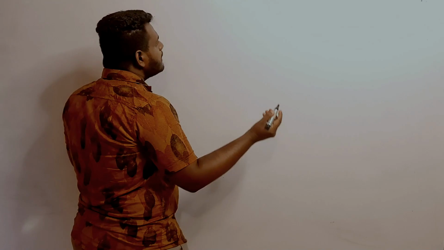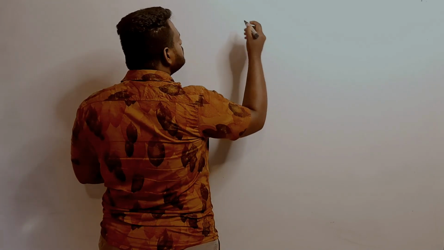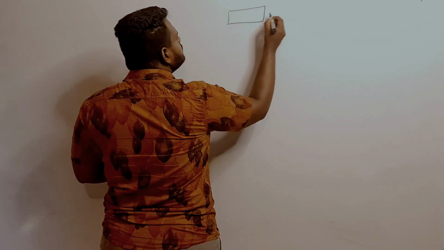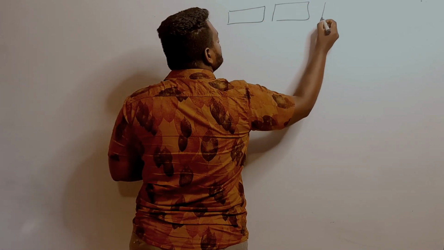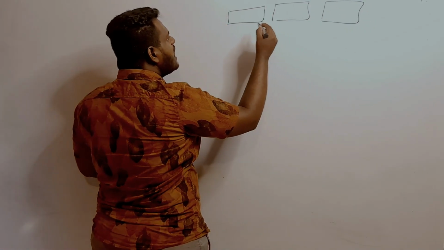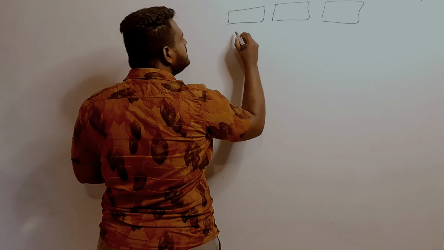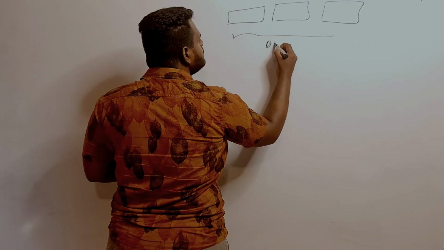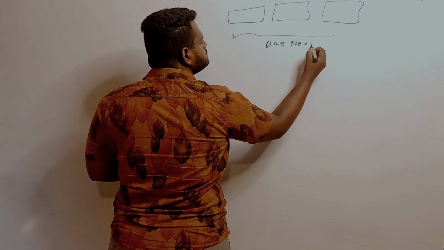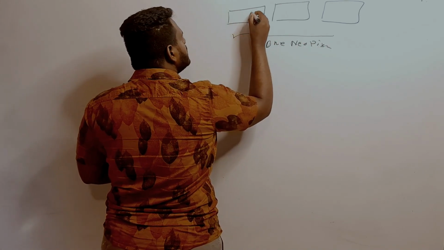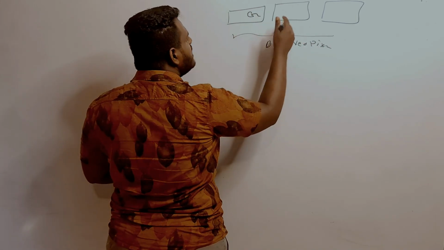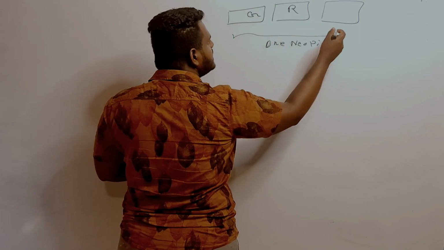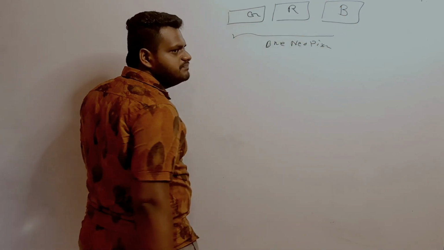Actually, I'm not going to talk in detail about the NeoPixels. There are 3 bytes to set the RGB values. So this is one NeoPixel value. This one consists of green data, this one consists of red data, and this one consists of blue data.